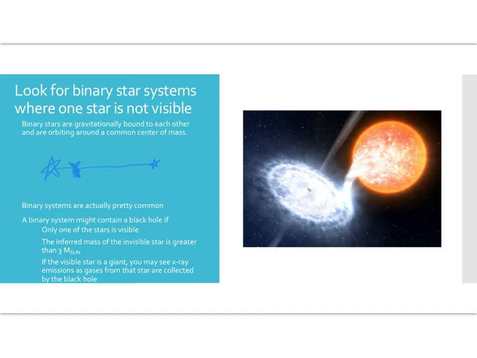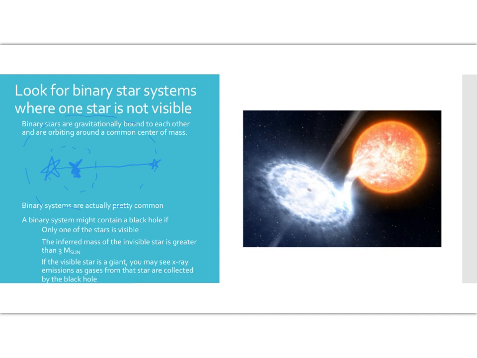If you've ever played on the seesaw with friends that aren't the same size as you, you might know that smaller people have to sit further away from the pivot point of the seesaw, and bigger kids have to sit closer so that they can balance. And so these two stars in this binary system would orbit around this common point where actually nothing is there.